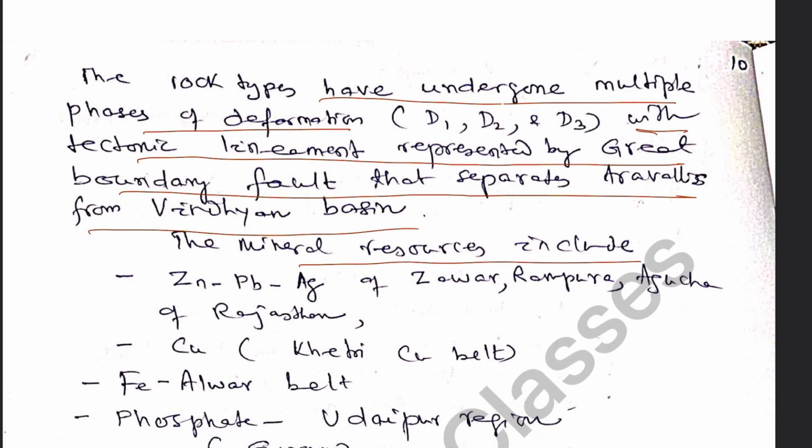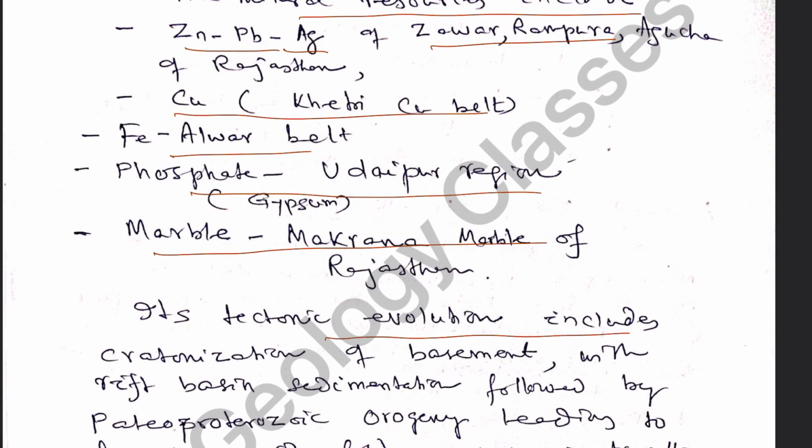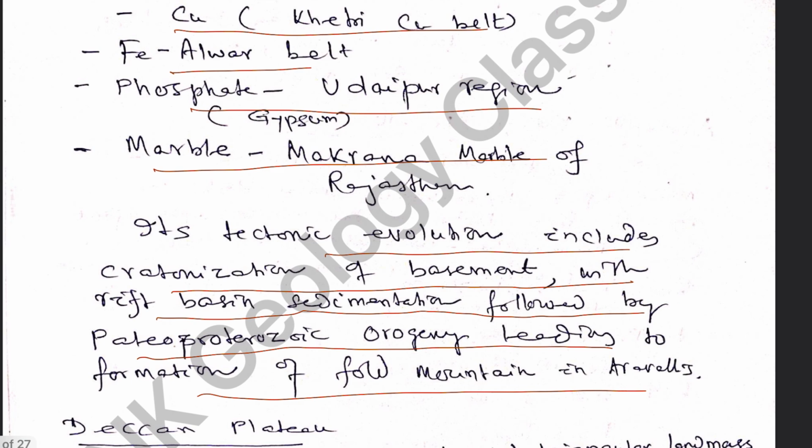The mineral resources include lead, zinc, and silver in Jawar belt, copper in Khetri belt, iron in Alwar belt, phosphate in Udaipur region, marble in Makrana region of Rajasthan. Its tectonic evolution includes cratonization of the basement with rift basin sedimentation followed by Paleoproterozoic orogeny leading to formation of fold mountains in Aravallis.